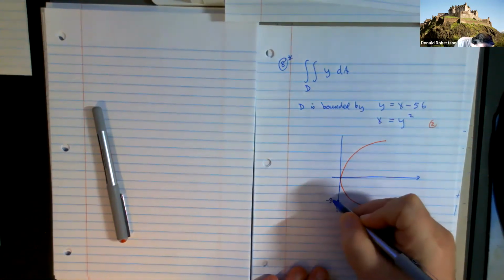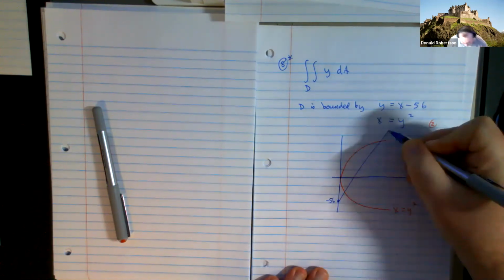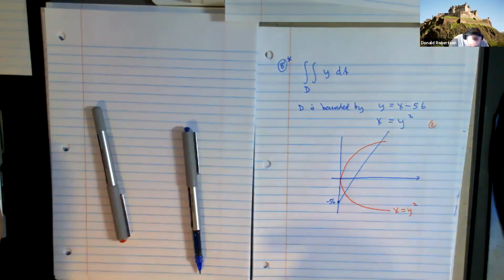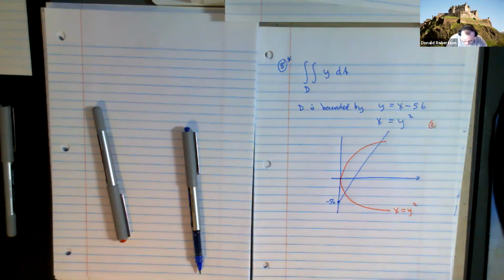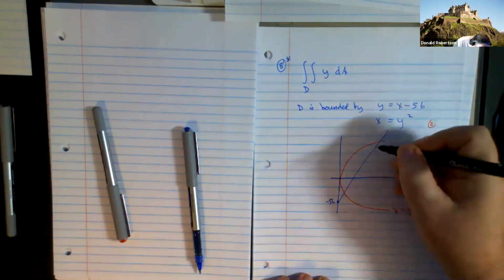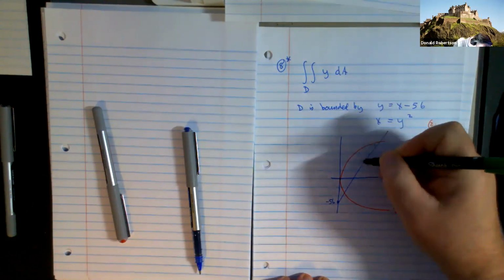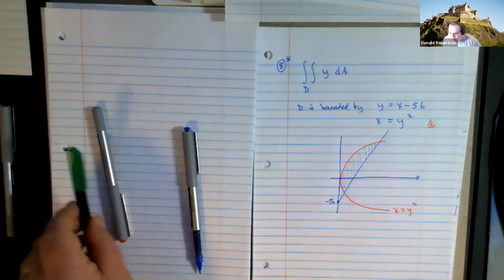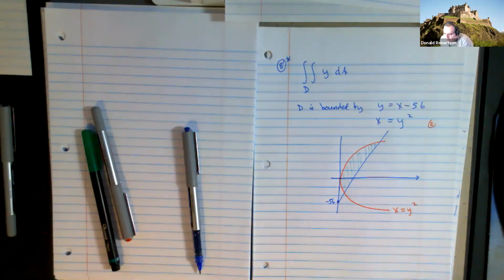So imagine that's negative 56 and it would go up something like that. A region bounded by typically means the region that's made up of, for want of a better word, this piece here, the banana shape. Would that make sense? That is the region D that they're asking about.